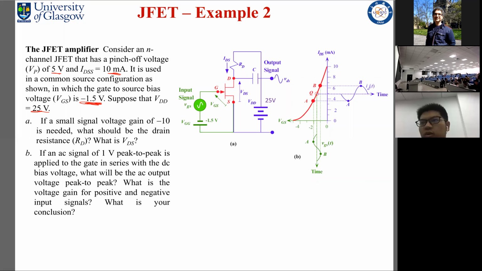If a small signal voltage gain of minus 10 is needed, what should be the drain resistance RD, and what is the VDS value? This needs a bit of thinking. So please have a think, and let's do this example again with each other.